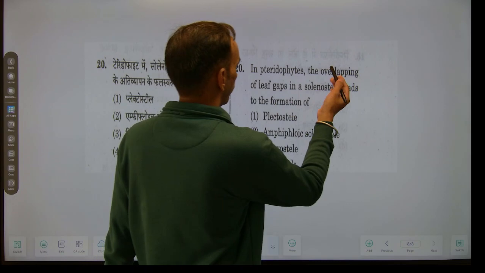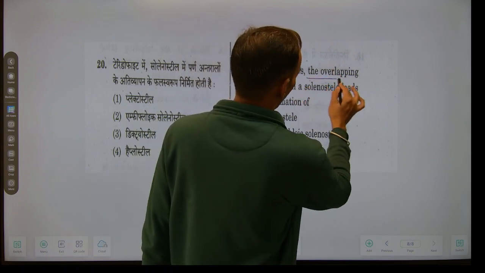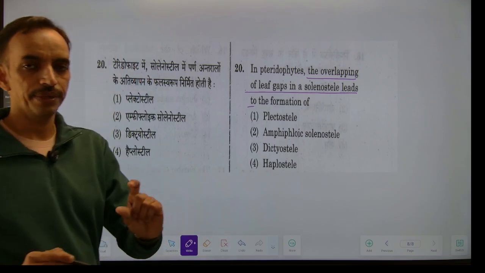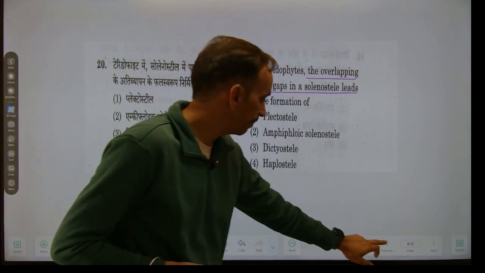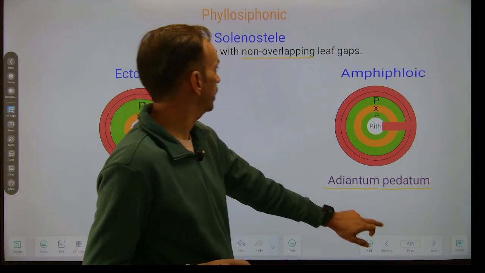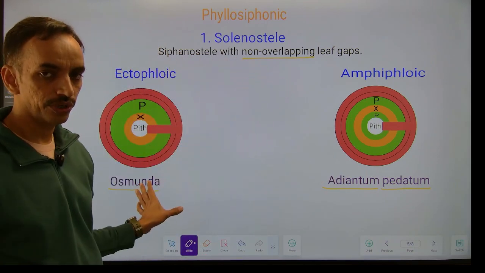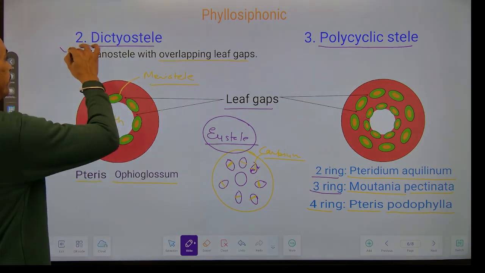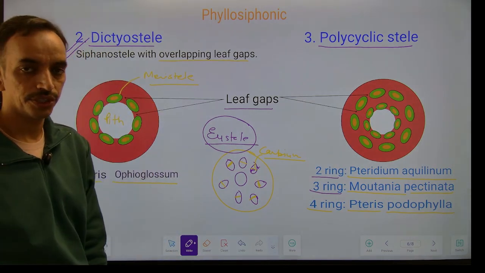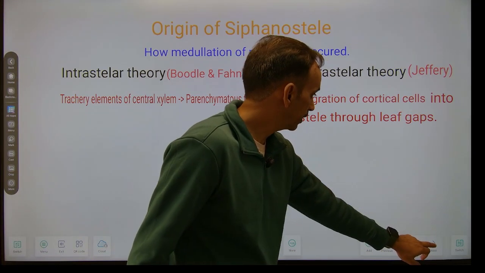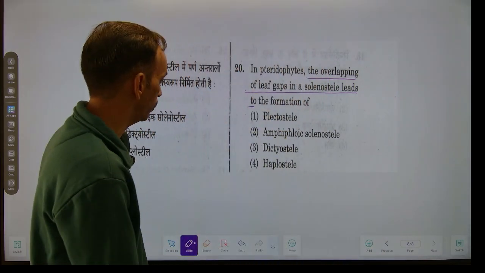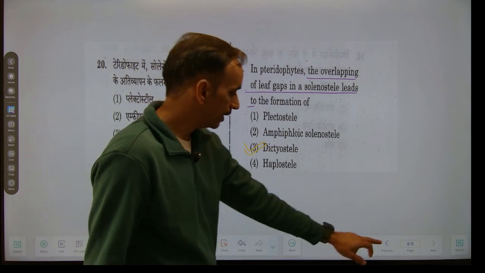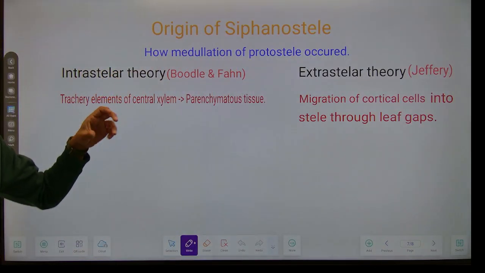Simply, he is stating that the overlapping of leaf gaps in solenostele. सोलेनोस्टील में अगर leaf gaps की overlapping होती है तो क्या बनेगा? तो अभी अपन ने देखा नॉन ओवरलैपिंग है सोलेनोस्टील. अगर ओवरलैपिंग हो जाती है तो क्या मिलता है? डिक्टियोस्टील कंडीशन देखने को मिलती है. तो ऑप्शन के अंदर अपन देख लेते हैं, डिक्टियोस्टील है, बिल्कुल है, तो इसका आंसर हो जाएगा ऑप्शन नंबर 3.